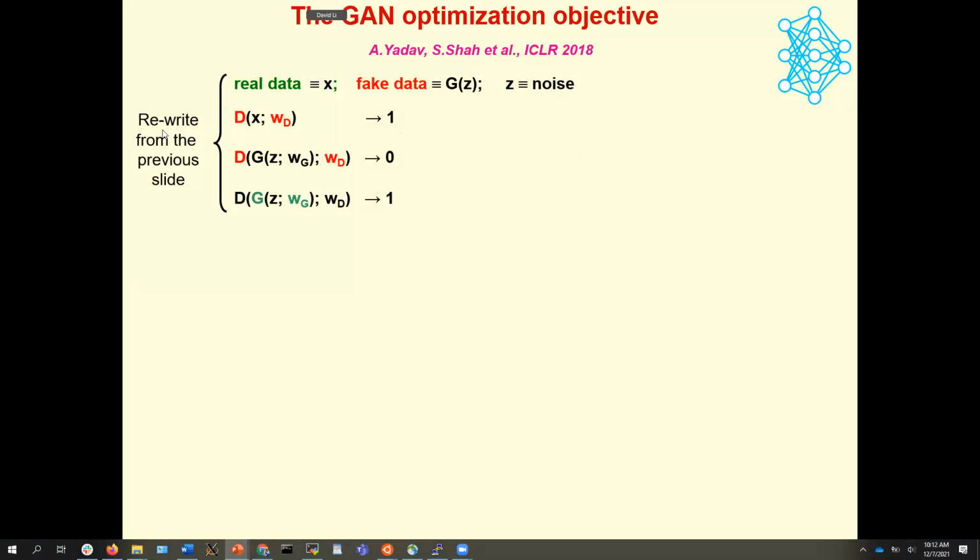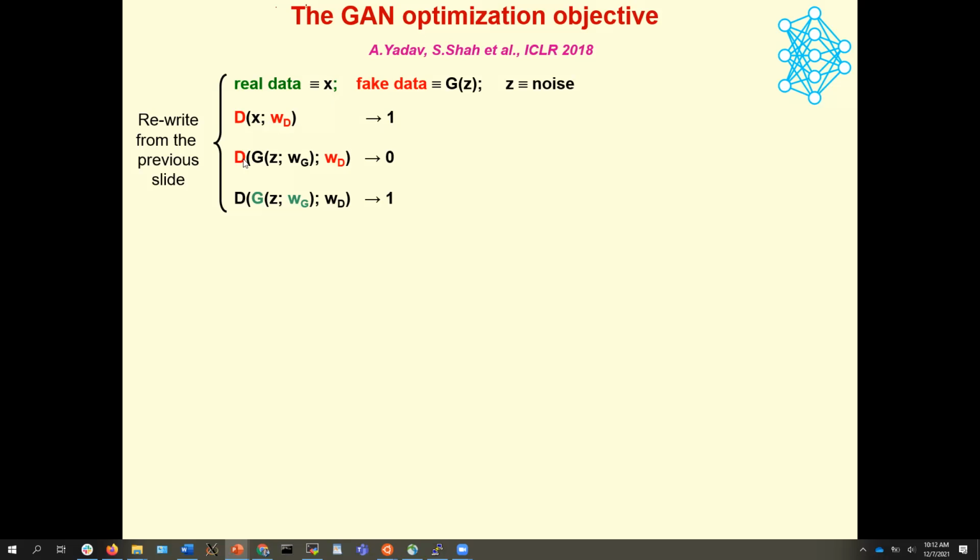To this end, I will first rewrite the relationships from the previous slide in a slightly different form. So we said that when we train a discriminator on real data, in this case X, we wanted to output ones.